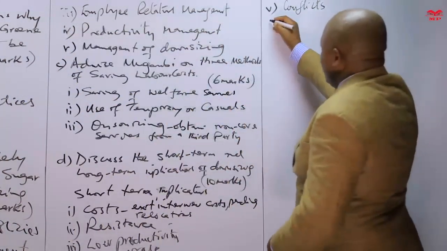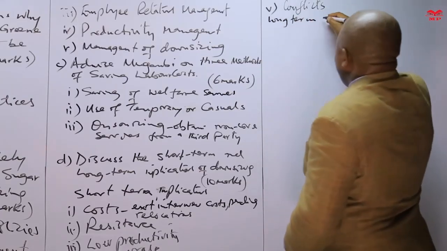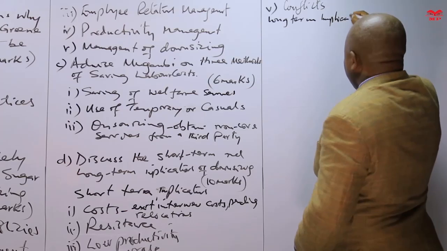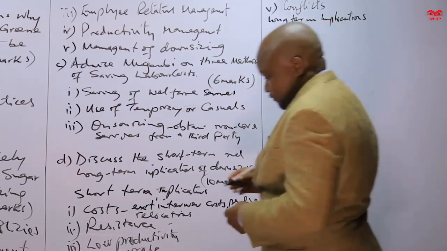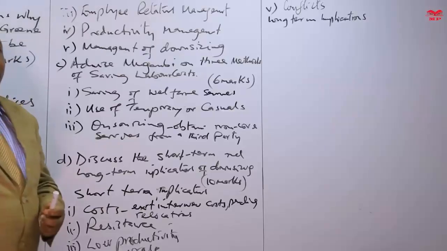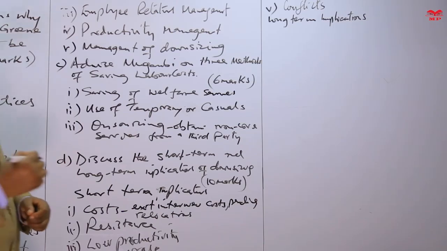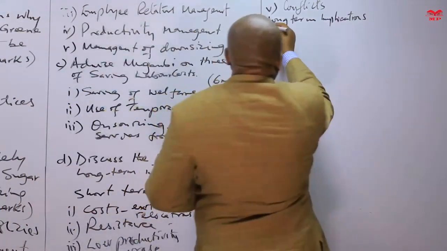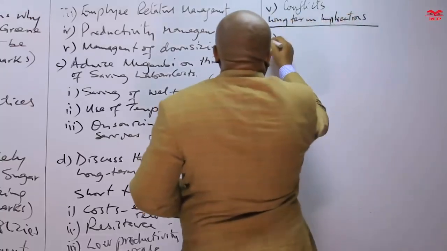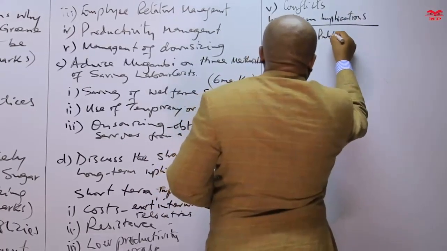Then how about the long-term implications? Long-term may, for example, be 3 months, 6 months, 1 year after an organization has downsized workers. So what could be some of the implications in the long term? Firstly, negative public image.